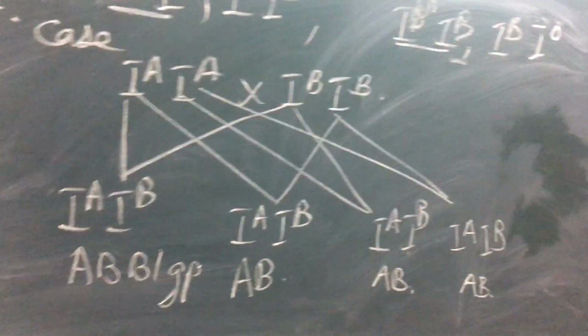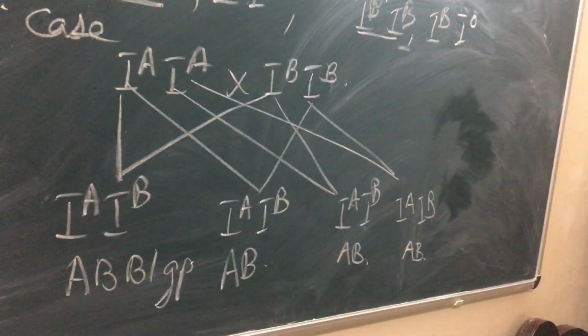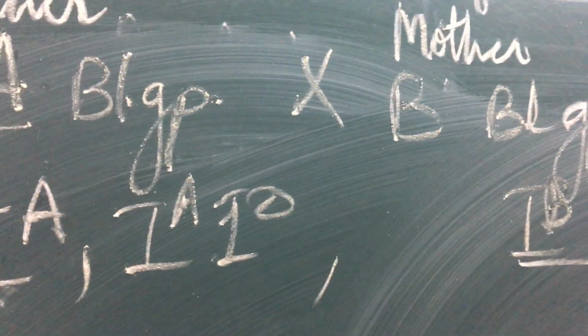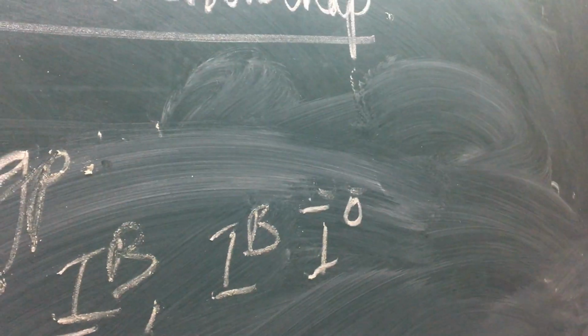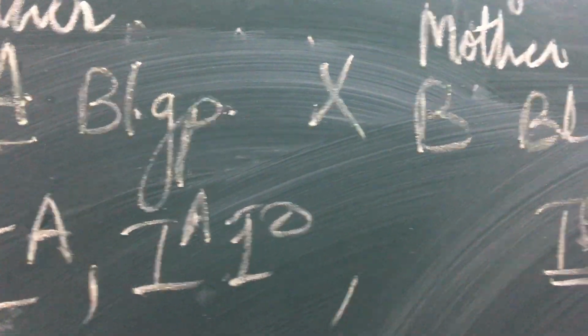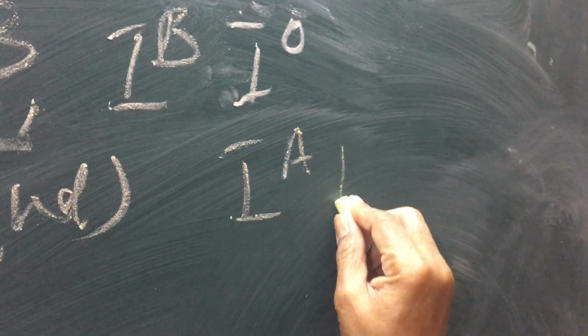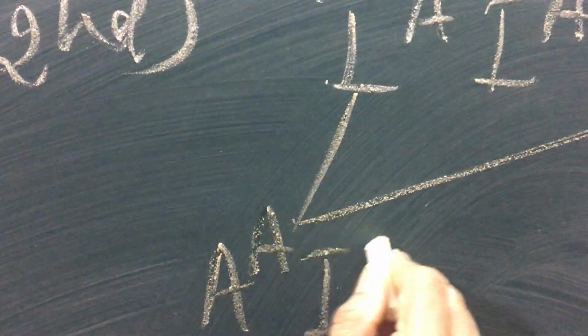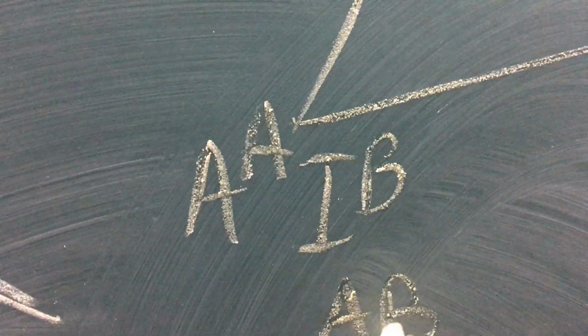Now let us see the second case. Same, I am not doing anything special. This has to go with both of these. So second option, IA IA into IB I0. Same way IA IB, again AB blood group.